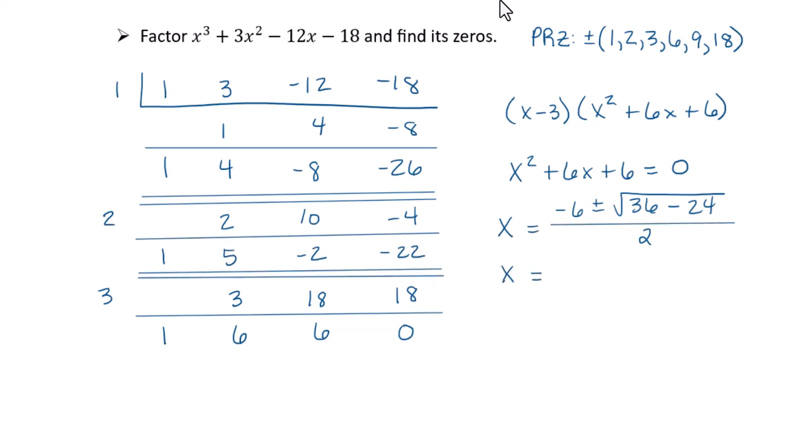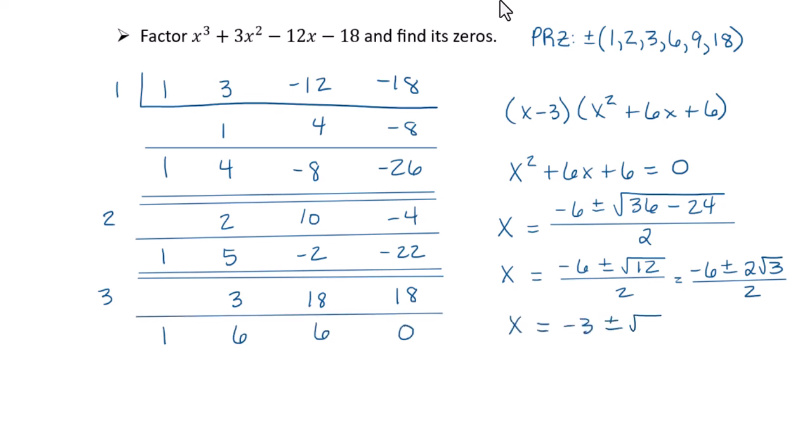So x is negative 6 plus or minus the square root of 12 over 2, which is negative 6 plus or minus 2 square roots of 3 over 2. So x is negative 3 plus or minus square root of 3.